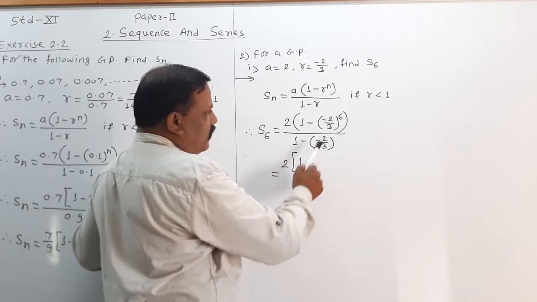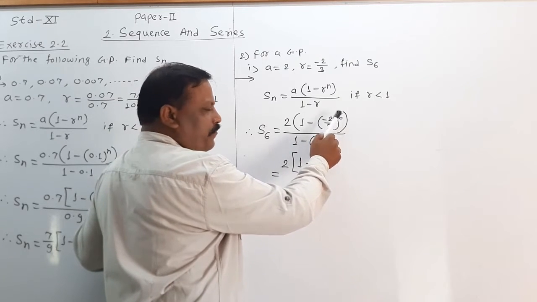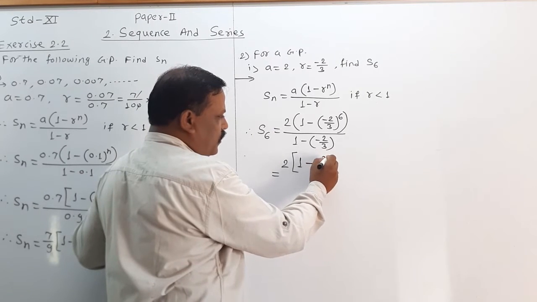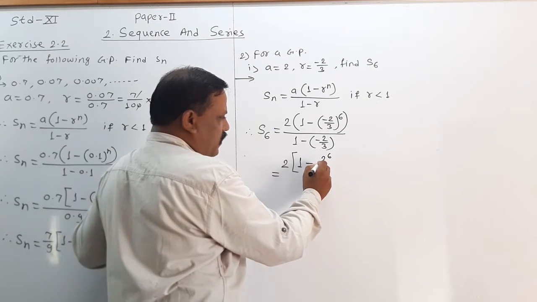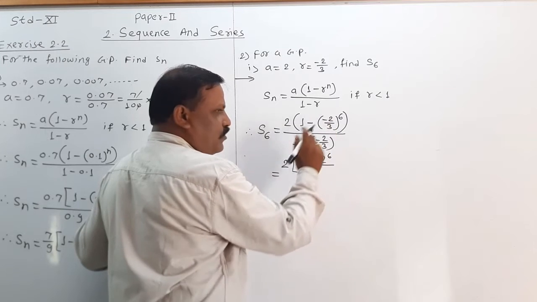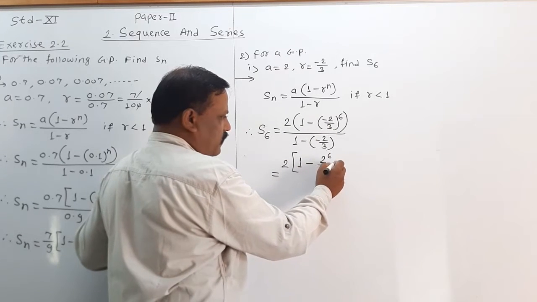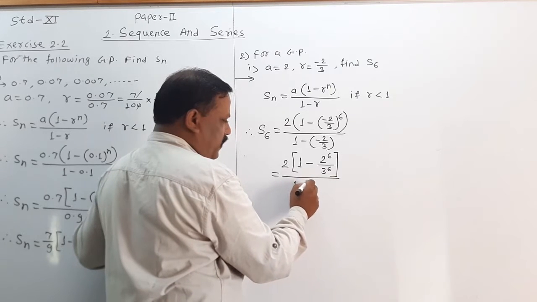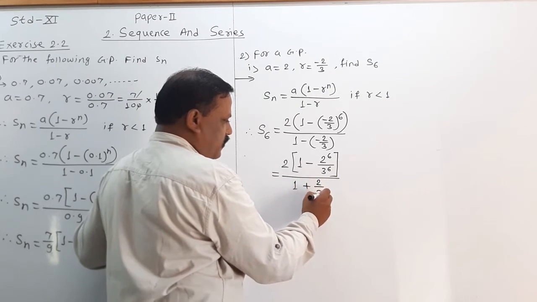The power is an even number, so that will be written as 2 raised to 6 upon 3 raised to 6, divided by 1 minus minus, plus 2 upon 3.